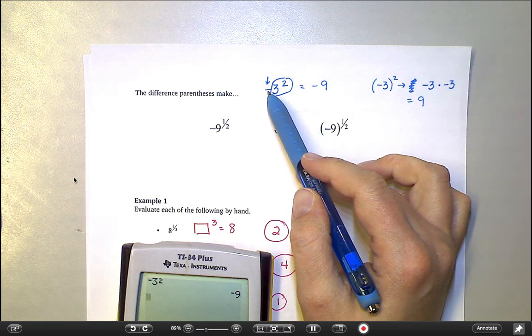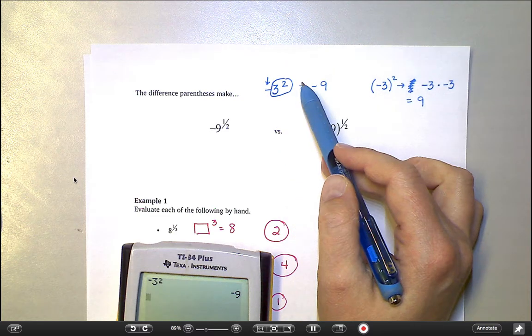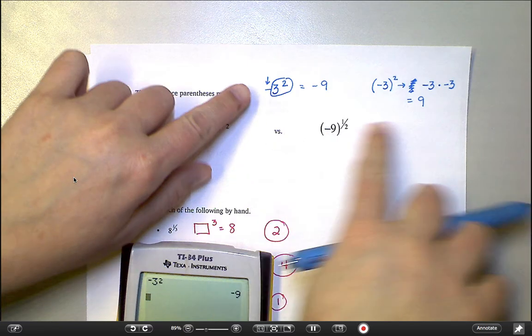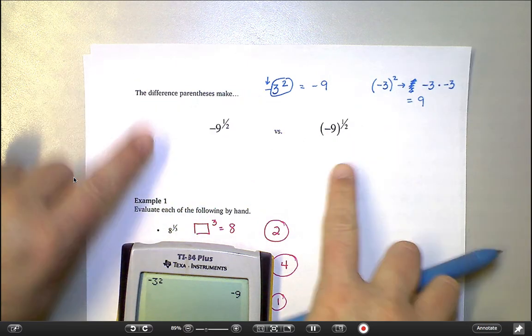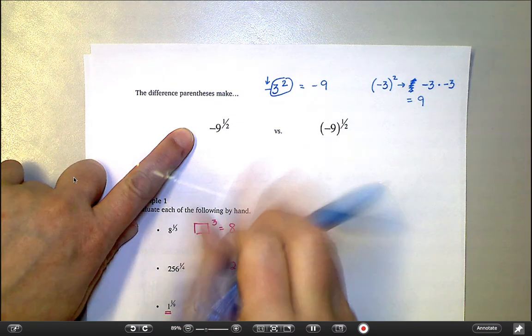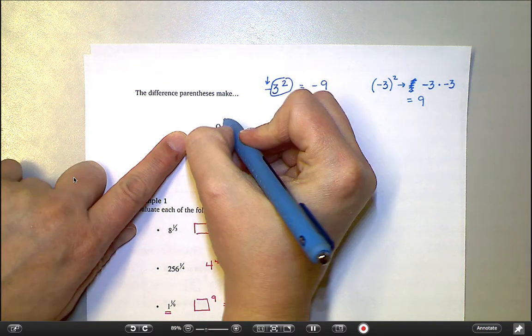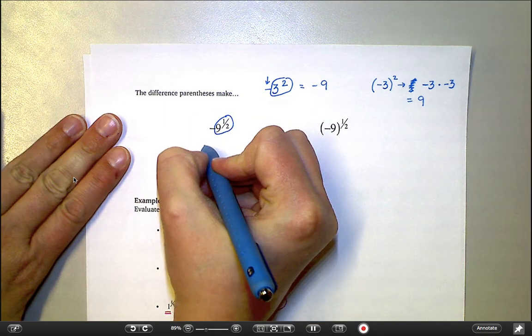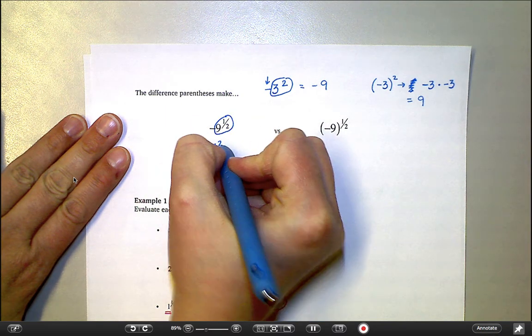This is really like the negative of 3 squared. Okay, that's hard to verbalize, but there's a difference. There's a big difference here, and there's an even bigger difference here. Okay, because this one here, if I'm doing 9 to the 1/2 power, I'm asking myself, what to the power of 2 makes 9?